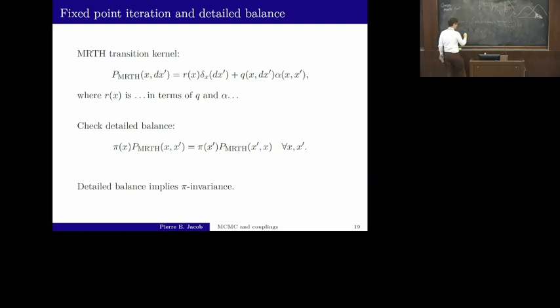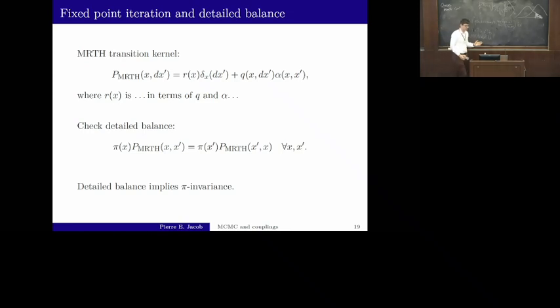But if you have detailed balance, it's clear that this thing would then be equal to the integral of pi of x prime p(x prime, x) dx. And so if you have detailed balance, you have this equal to that for all x prime. So you can integrate. And then when you integrate, you realize that you're integrating just this x here. But because p is a conditional distribution, it integrates to 1. So you're left with just pi of x prime. So you've just shown pi invariance.